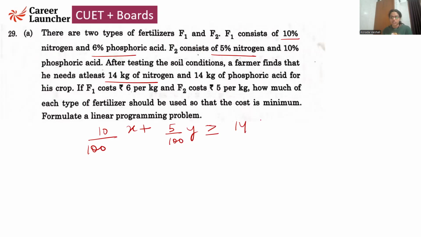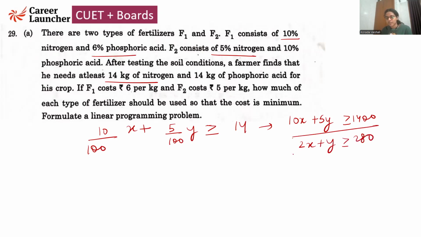So this is the first equation, or I can write this down as 10x plus 5y is greater than or equal to 1400. Or this is 2x plus y is greater than or equal to 280 as my first equation. So this is with respect to the nitrogen. So what if I'm looking now at the phosphoric acid?